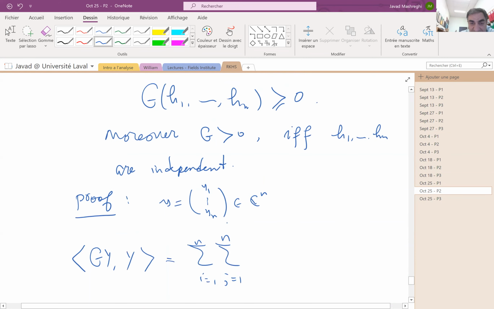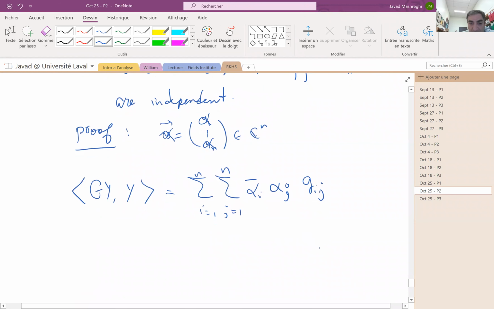The coefficients here are the coefficients y. It's better to call them alpha. I don't know why I called it y. Okay. Alpha i bar, alpha j, and gij, the element in row i and column j in matrix capital G.